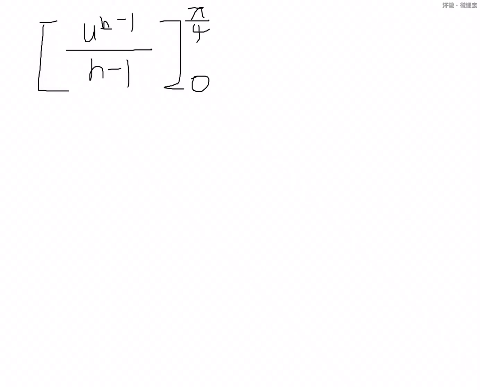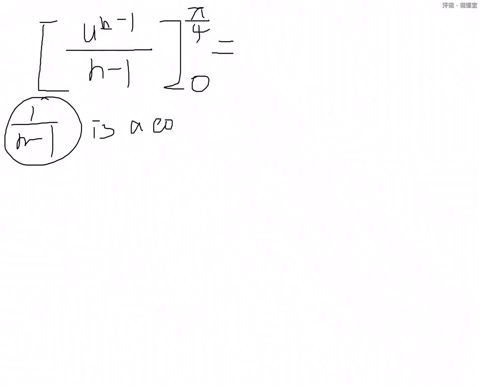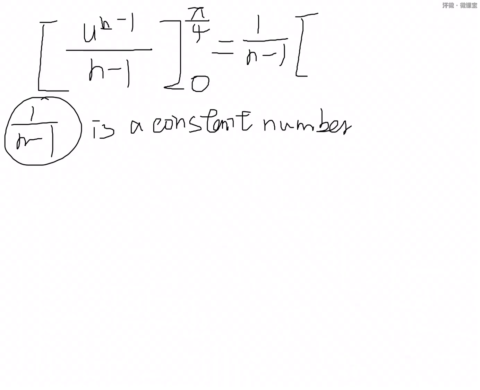1 over n minus 1 is a constant number, and a constant number doesn't influence the integration part. So the original function could be 1 over n minus 1, and you can just replace u with tangent x again.